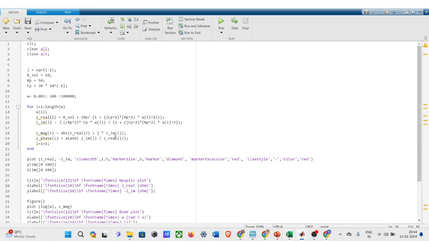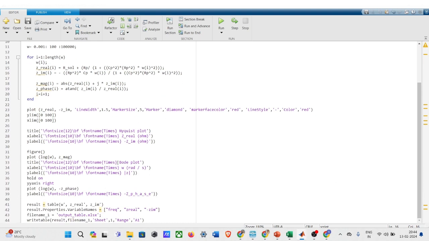Yes, it's clear. The next step is simple. You just have to plot. If you want the Nyquist plot, you can plot the real versus negative imaginary. Then for the Bode plot, I will be plotting the frequency versus z magnitude and z phase.